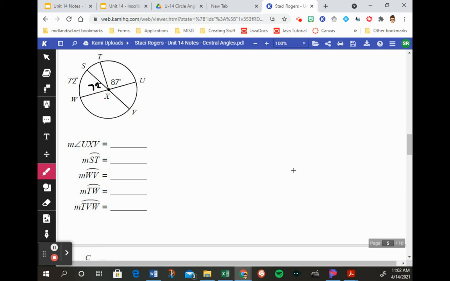Well, because the arc is 72. Well, now I have a line. I have 87 plus 72. That's 159. Take away from 180. And I should have 21. Is that right? Yes. So ST, SXV, SXT. So ST, this one right here, is 21. So there's 21 degrees. Now I have 21 right here.